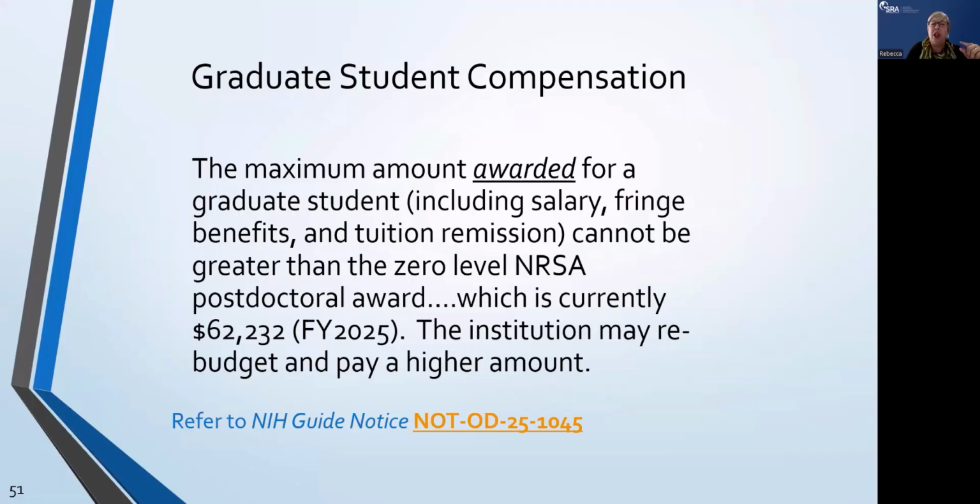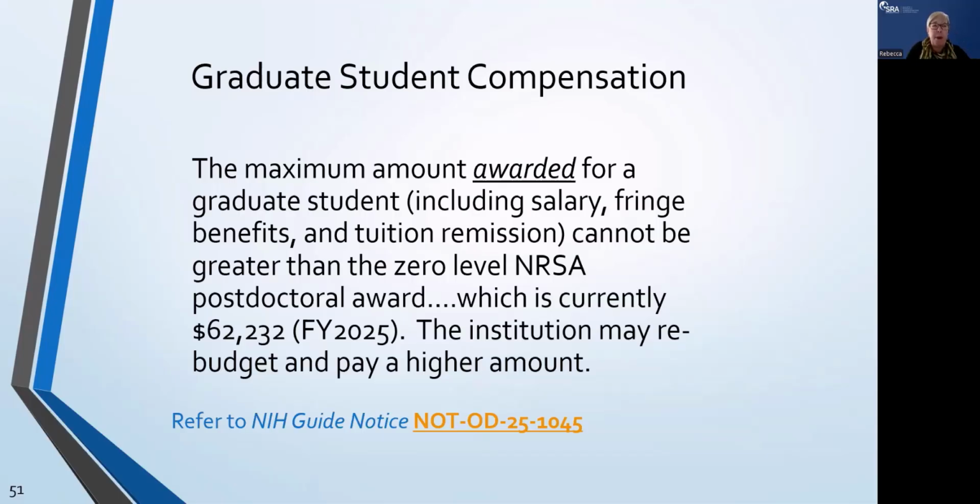In this case, you could rebudget and pay more than 62,232. With the salary cap, you cannot pay the individual more than the current salary cap. With the graduate student, you can rebudget and pay them at the higher amount. What I've just said may sound confusing, but does that make sense?